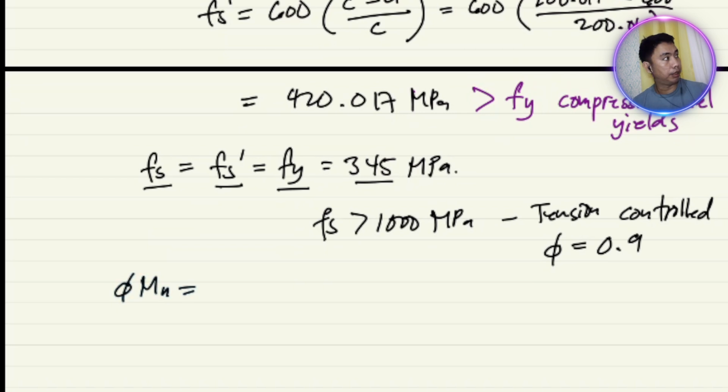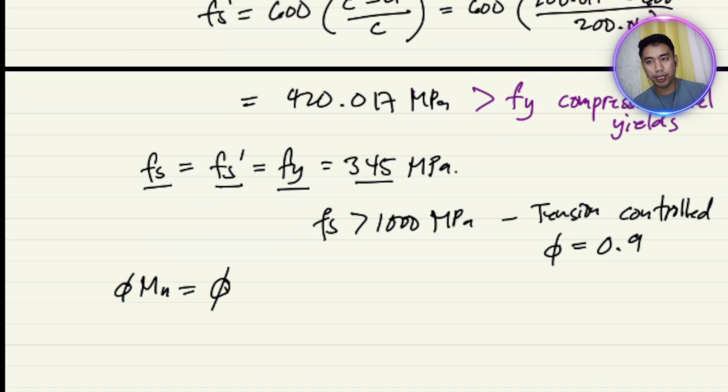solve natin ng VMN, we will have, yung moment capacity is yung moment ng capacity ng first couple, concrete and steel, plus the moment capacity ng second couple, which is steel versus steel.